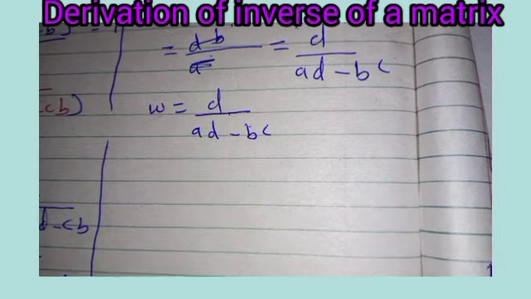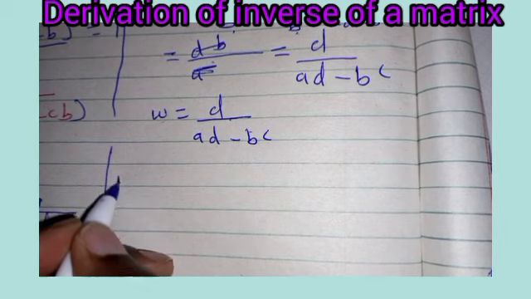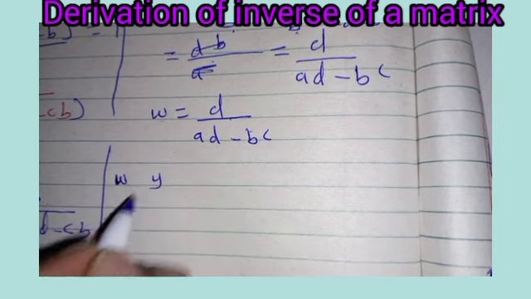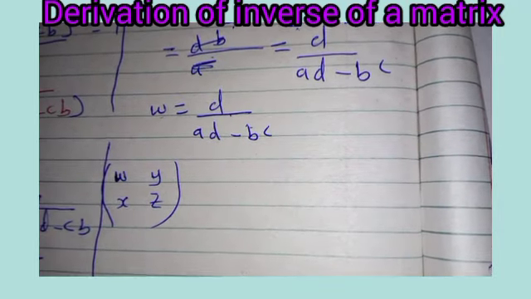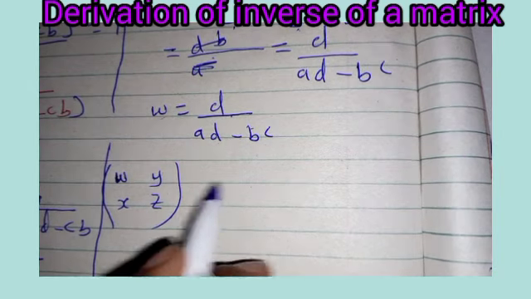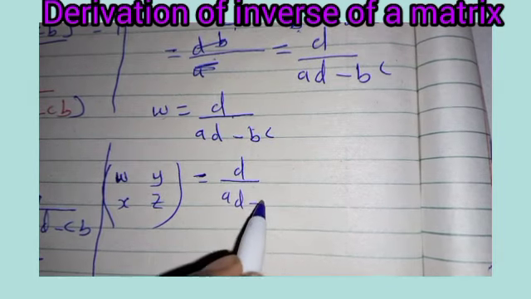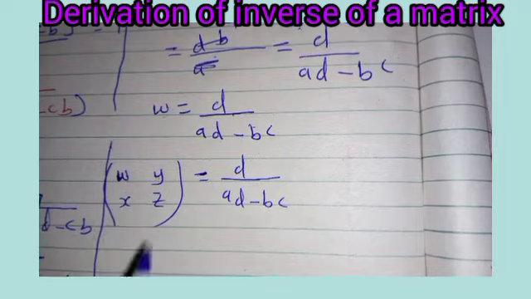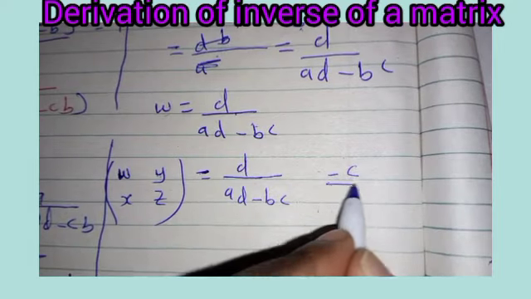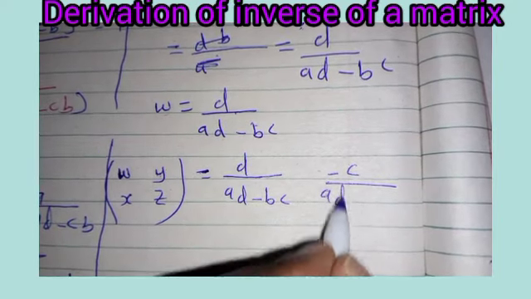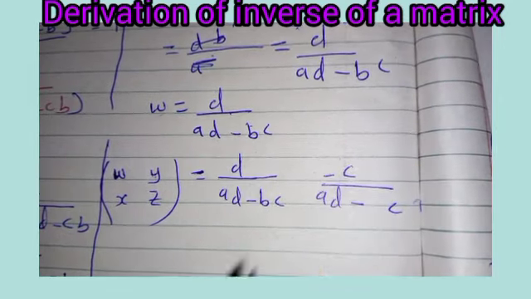Then now we can put all our values together, whereby our matrix, we let our inverse to be w, y, x, z. So we obtain the result: we found w to be d divided by ad minus bc. Our y we found to be minus c over ad minus bc.